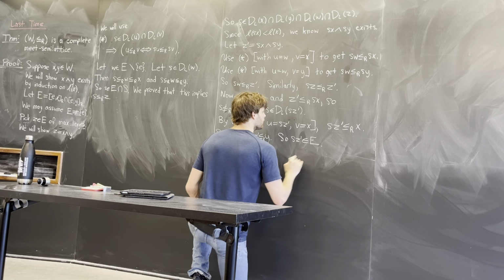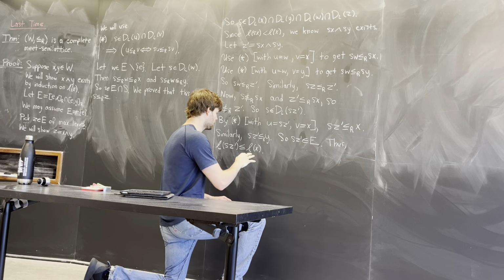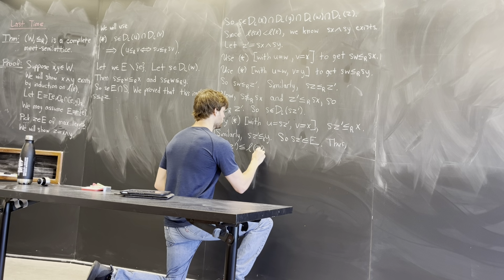So if SZ prime is in E, then its length must be at most the length of Z. So thus, the length of SZ prime is at most the length of Z.